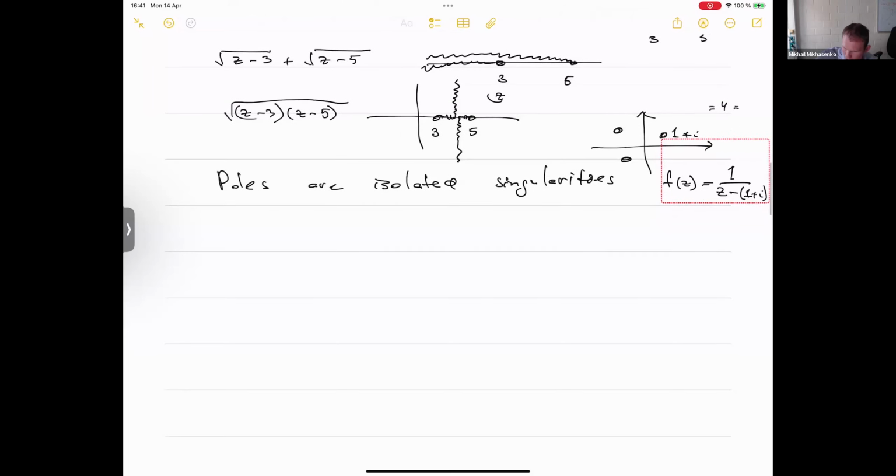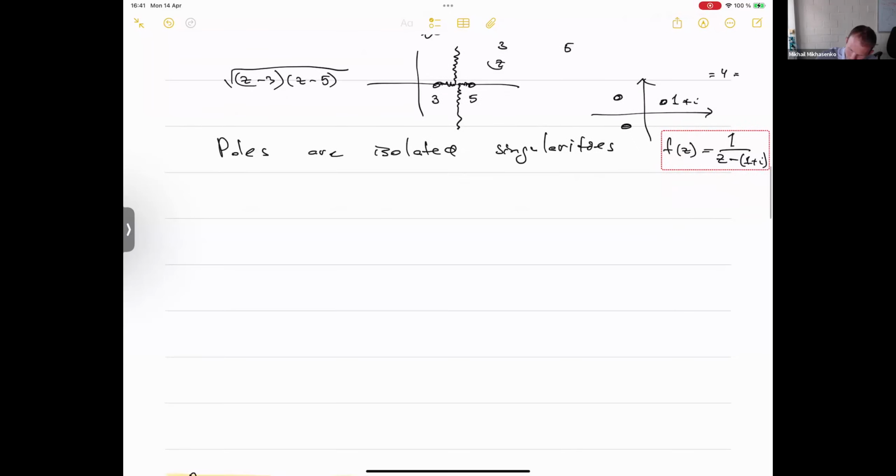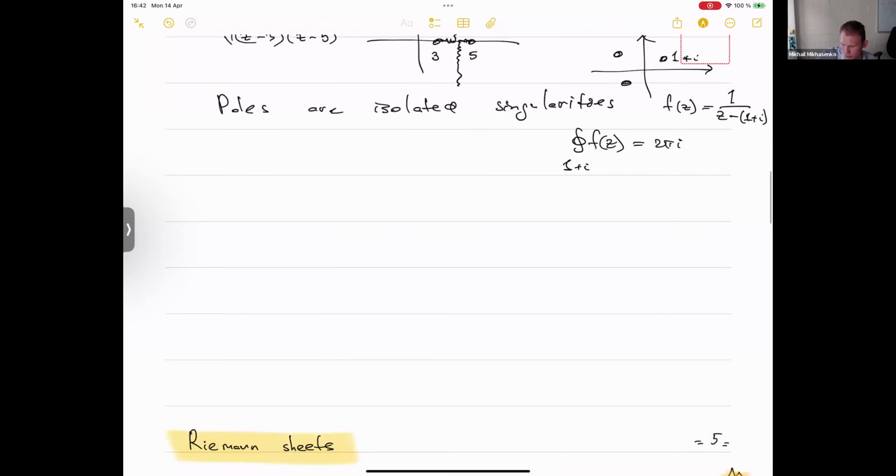The function has a pole at 1+i, as you see here, in the z-plane. The Cauchy integral for this function around the point 1+i is going to give us 2πi, and this is the integral Cauchy theorem.